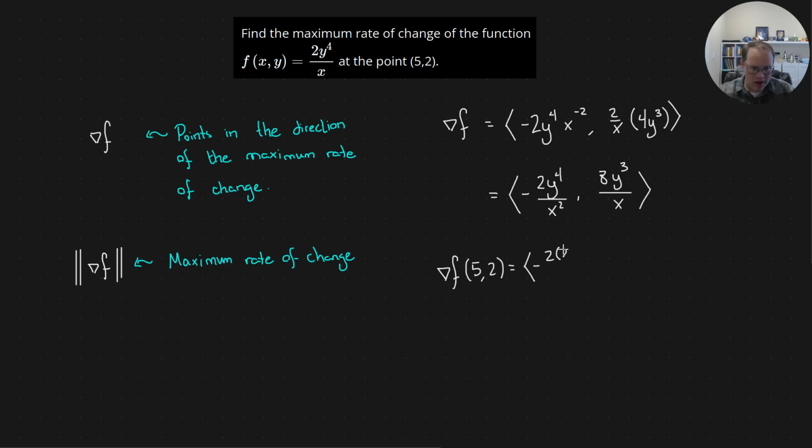Okay, y is 2, x is 5. That's going to be a little bit easier to calculate. And then for the second component, plug in 2 for the y and 5 for the x.